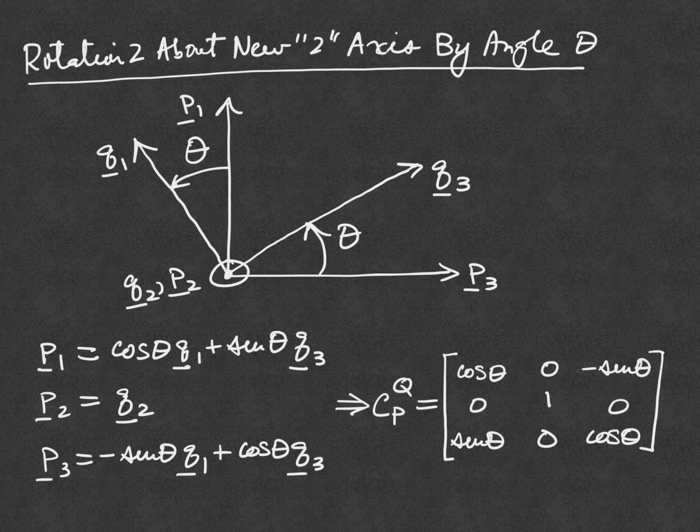And finally, the angular velocity of Q in P, using the same approach that we used previously, is theta dot times Q2. That takes care of the second rotation. So now we do the third rotation.